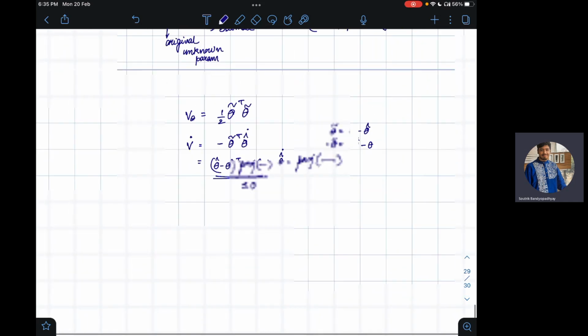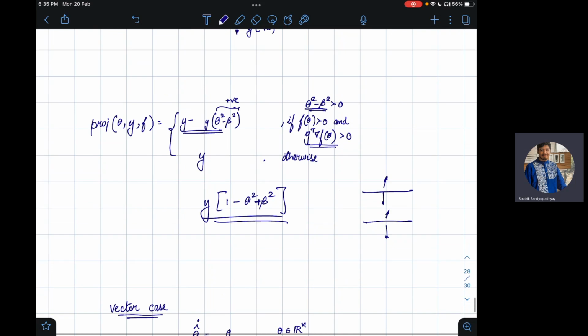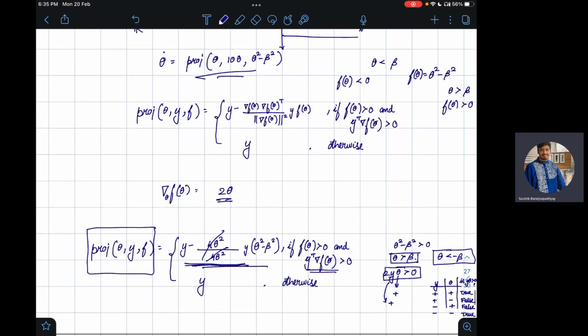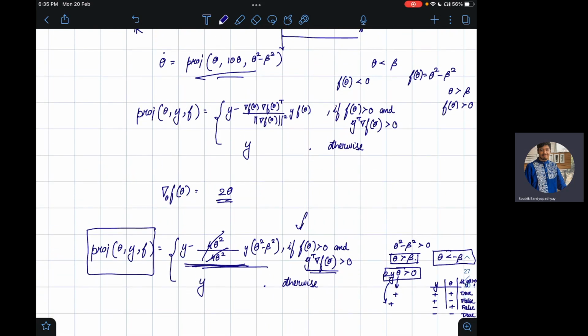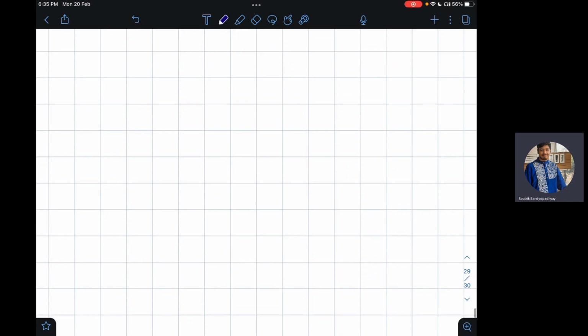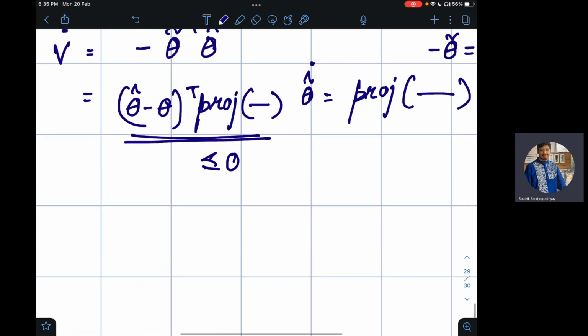So without even going into these two cases, you can easily write this entire thing in one line. So this is a very useful property of projections, and hence projections are very widely used in the adaptive control literature.